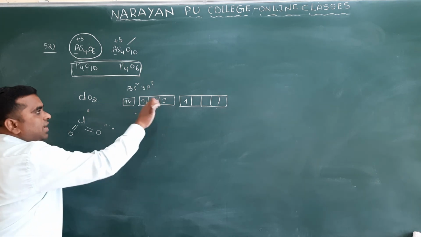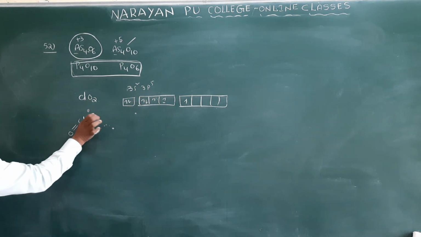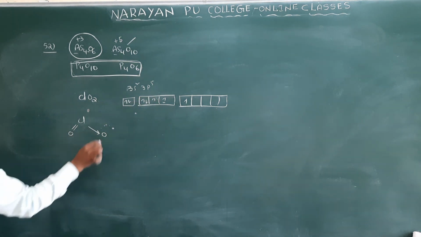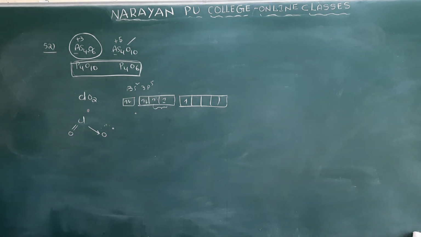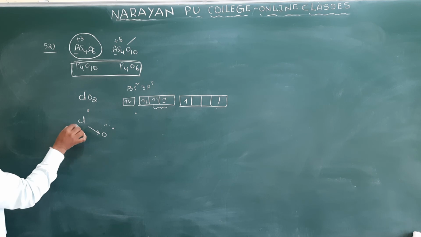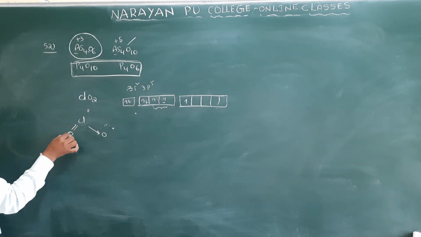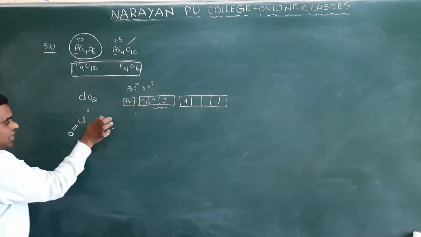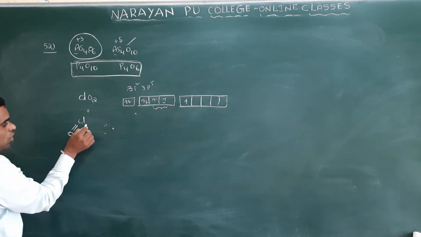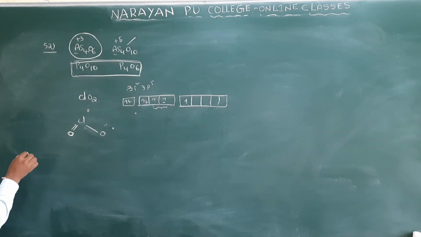Clear? So in ClO2, it forms one odd-electron bond. Why? Because these 2 electrons are used to form one bond with one oxygen and another bond with the other oxygen. Clear? So another oxygen is left here. If it is making a bond with oxygen, how many bonds should oxygen have here?